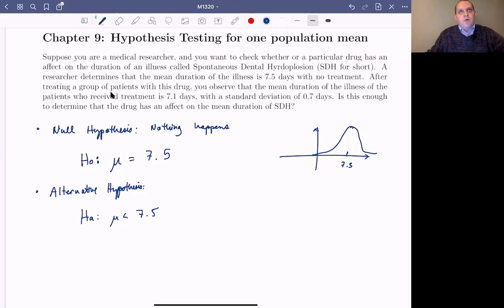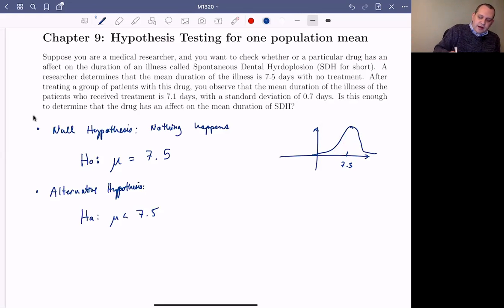It's just that we might not have enough evidence to reach that level to be sure that it's the drug rather than, say, randomness. Statistically, there's no way to know whether it's actually the drug that's shortening the duration of the illness or whether we're just randomly picking values that are below the mean. So we want to tease that out somehow. We want to get to a certain threshold of figuring out whether we reject the null hypothesis or not.